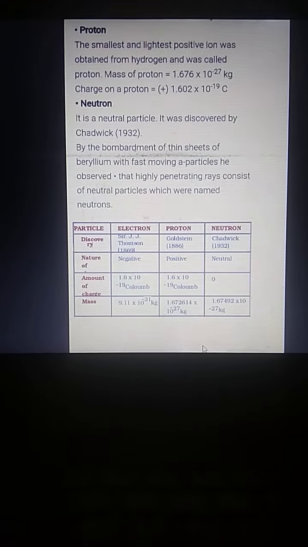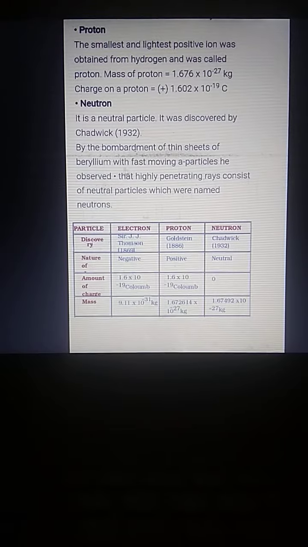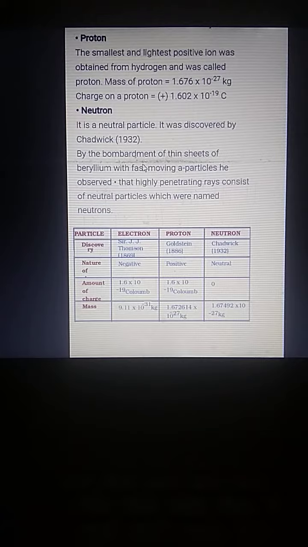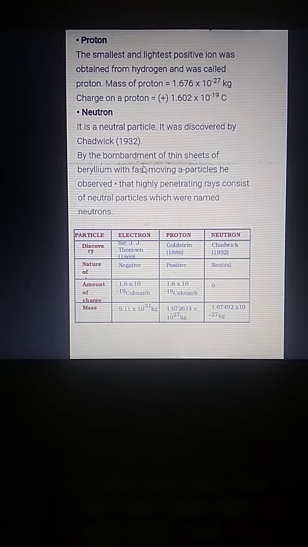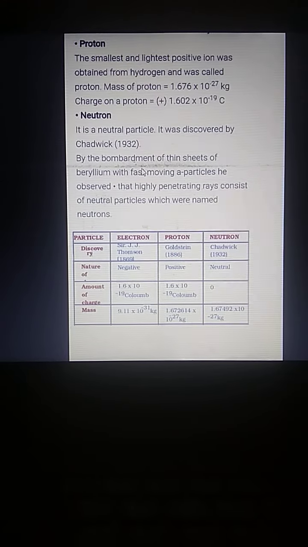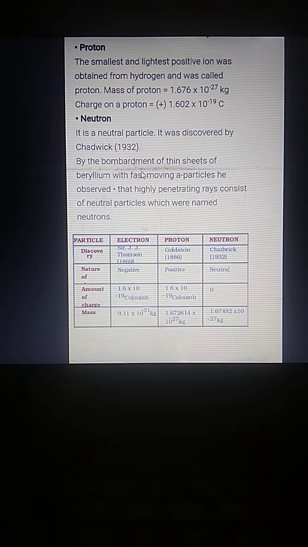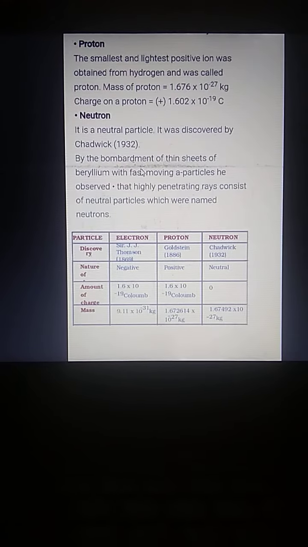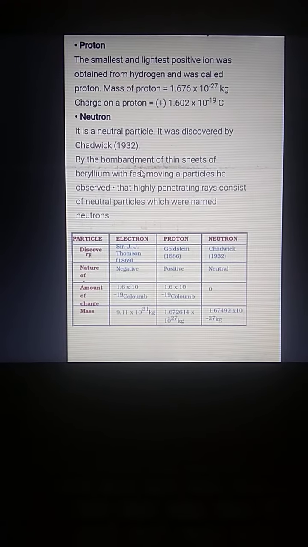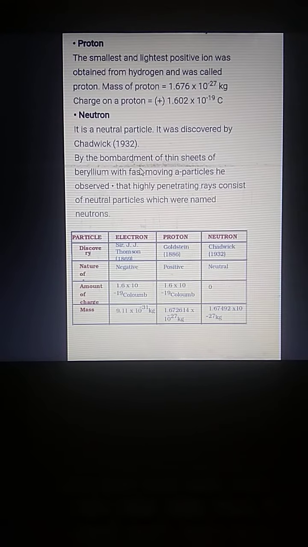In this experiment, a sheet of beryllium was bombarded with fast moving alpha particles, and rays consisting of neutral particles were observed. Those rays were named neutrons. The neutrons are neutral, there is no charge on the neutron, and the mass of the neutron is the same as that of the proton.